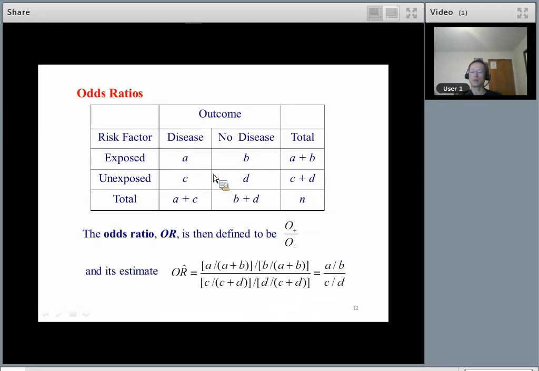It can be simplified since you have A plus B as the denominator in both conditional probabilities, so they cancel. The same thing with C plus D, which cancels. This simplifies to A times D divided by B times C.